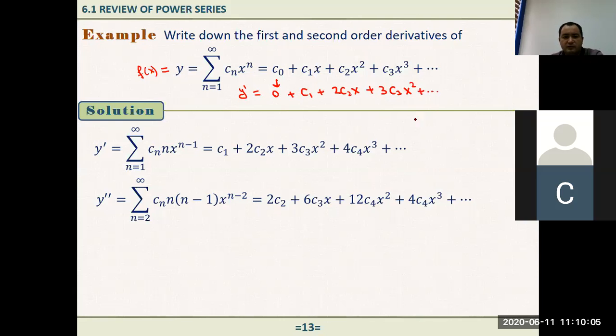We don't have to write all the terms, just 3 or 4 terms is enough. So here we have c sub 1 plus 2c sub 2 x plus 3c sub 3 x squared plus and so on.